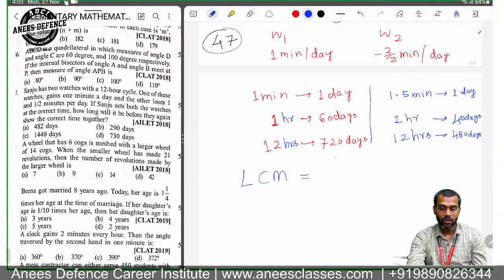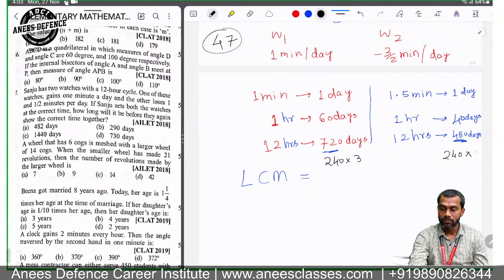120 into 6 or 240 into... this is nothing but how to find the LCM. See here, shortcut. This is 240 into 3 and this is 240 into 2. Yes or no? Now, in these two numbers, 240 is common.